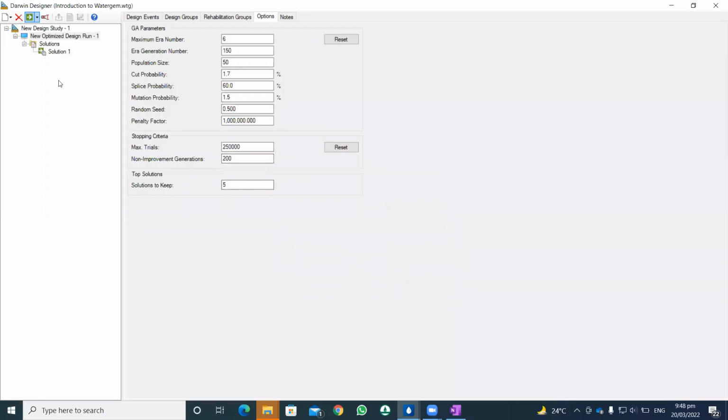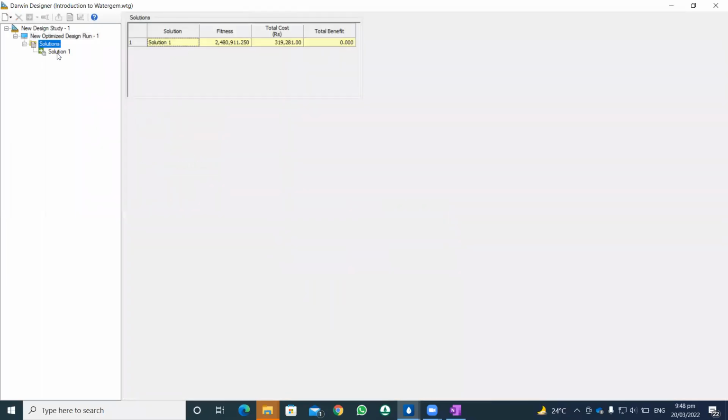I don't know why it's giving only one solution. By increasing the demand at nodes, the cost also increases because of the diameter of pipe required to fulfill these specific demands.